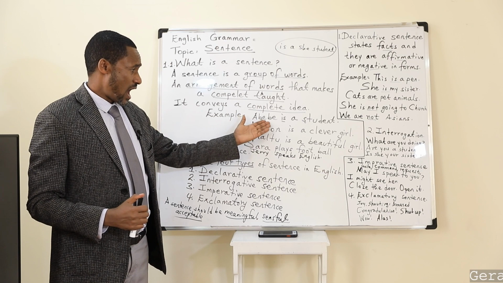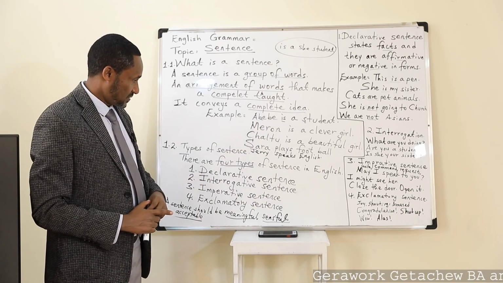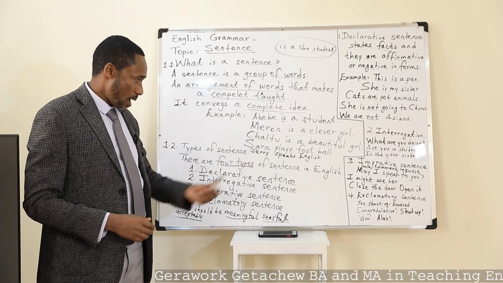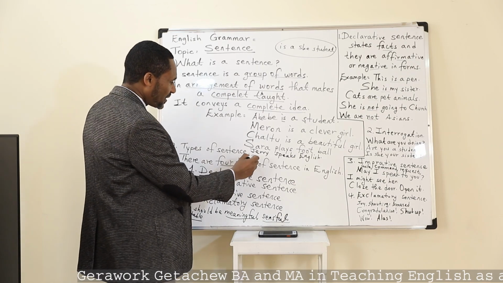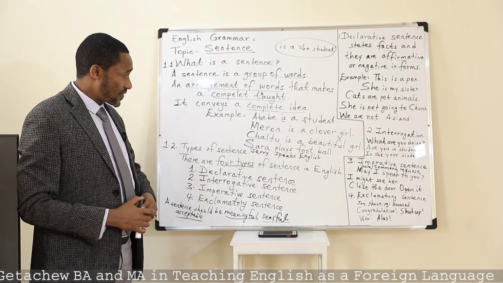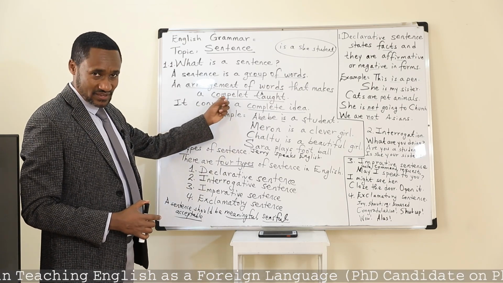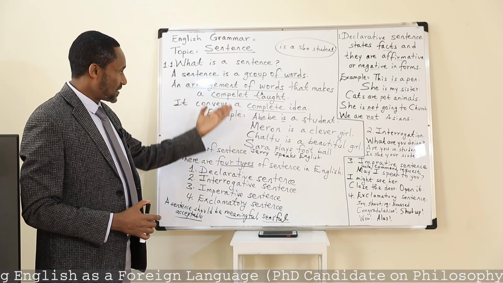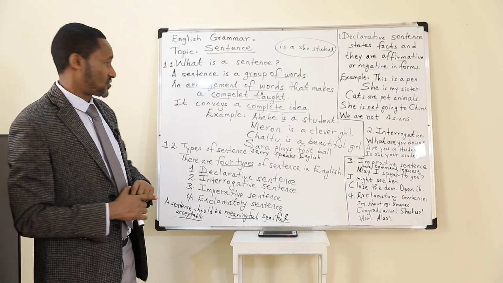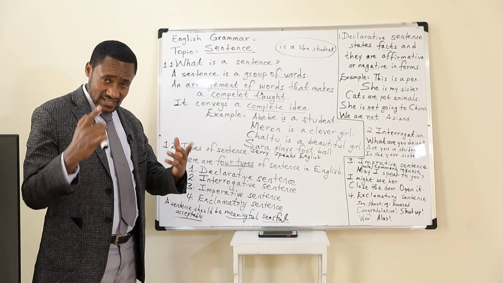For example: Abebe is a student. Meron is a clever girl. Chaltsu is a beautiful girl. Sarah plays football. Jerry speaks English. When we see these five sentences, they make a complete thought. They are an arrangement of words to make a very nice sense. They are also a group of words that conveys a message.